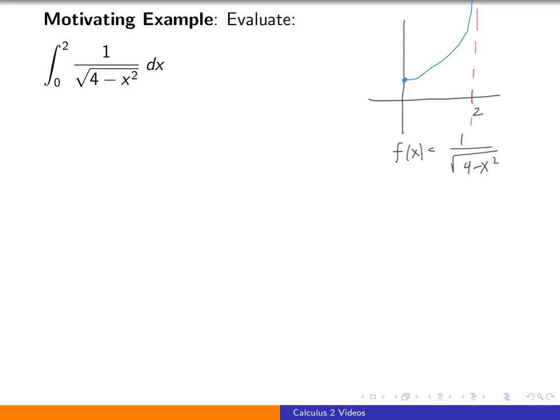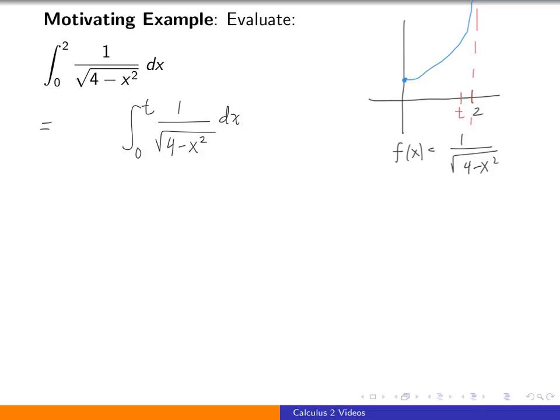In terms of evaluating the integral from 0 to 2, because the function is undefined at 2, we cannot apply the fundamental theorem of calculus. But what we can do is rewrite it, much like we did with the first type of improper integrals, as a limit. So we can evaluate the integral from 0 to, let's say, t, where in this case t is some number a little bit to the left of 2.